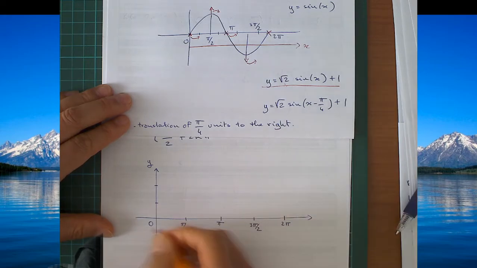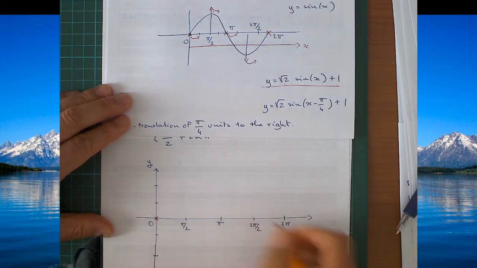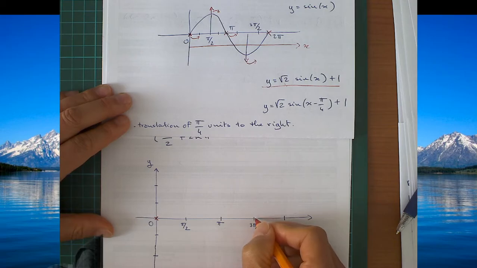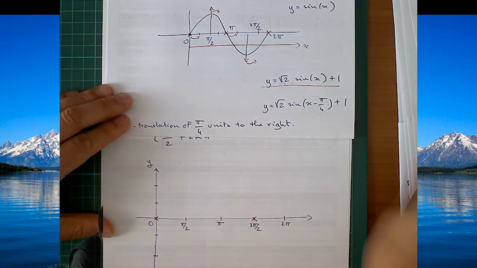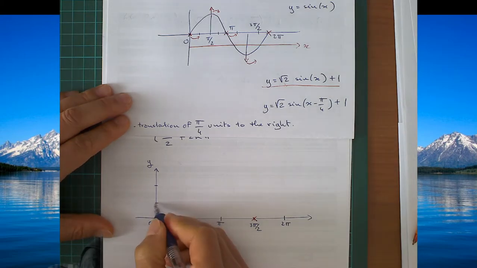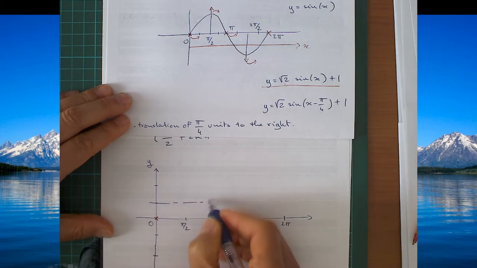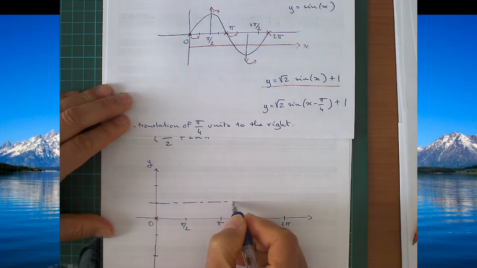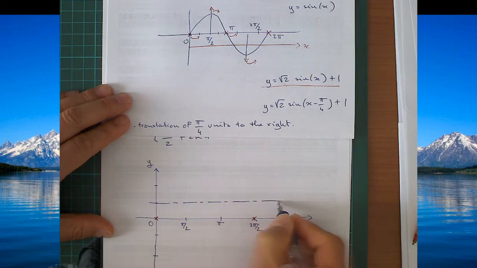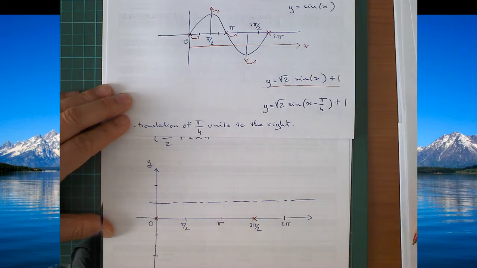So I can annotate, I have the intercept. Okay, I'm going to draw my line y equals 1 because that's the mid value. That's where you used to have the old x-intercept before you did a vertical translation.